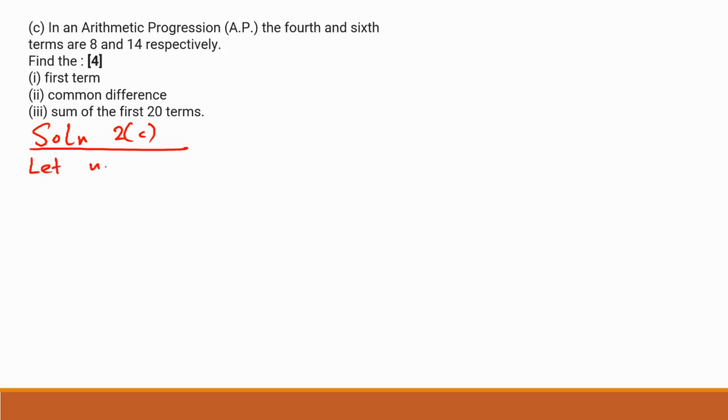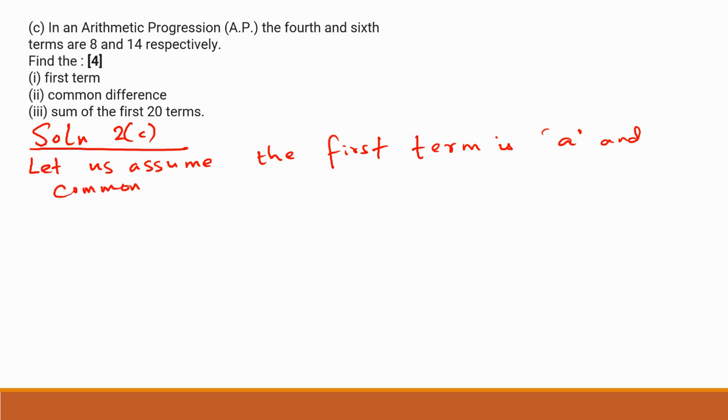You can just write, let us assume the first term is A and the common difference be D. Okay, so now you assume that the first term is A and the common difference is D. Now it's asking, in an arithmetic progression, the fourth and sixth terms are 8 and 14.